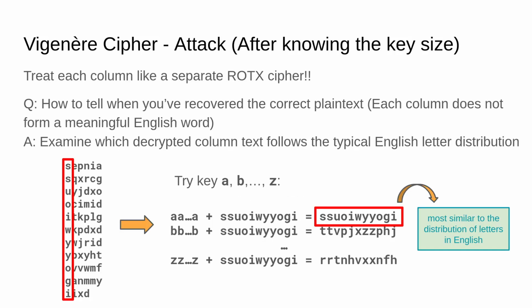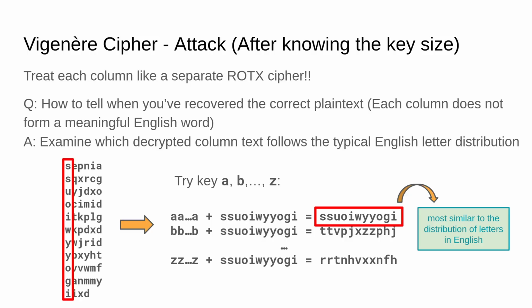Okay, so now we're basically treating each column as a Caesar cipher we can analyze independently. But there is a question about this technique.